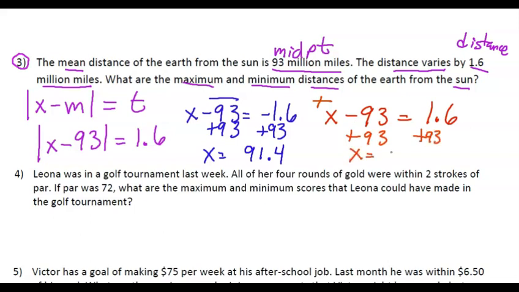X equals 94.6. So this is your minimum, 91.4 million miles. Our maximum is 94.6 million miles. Basically, you're just adding or subtracting from the 93 million miles to get that.